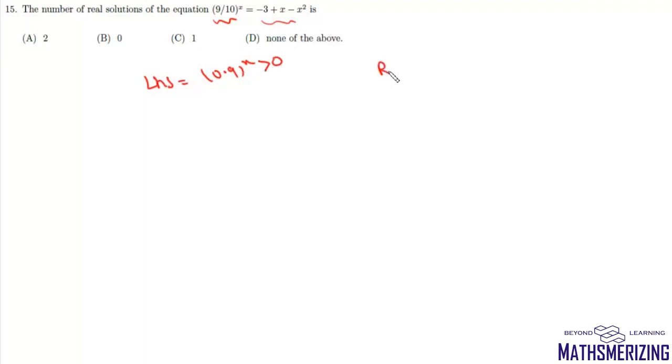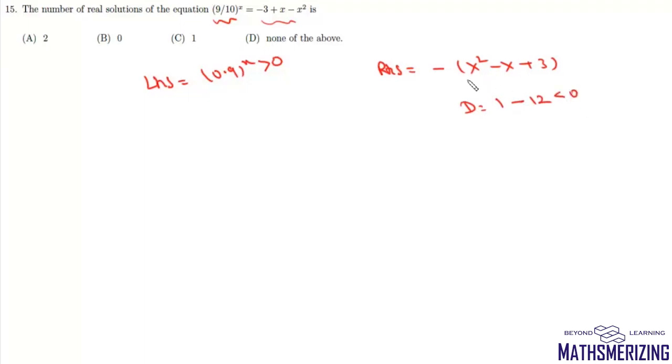Now if we look at expression on the right hand side, it is minus and then x square minus x plus 3. Now it is a quadratic expression opening downwards, and for this quadratic expression, if we look at the value of D, it is 1 minus 12 which is less than 0.